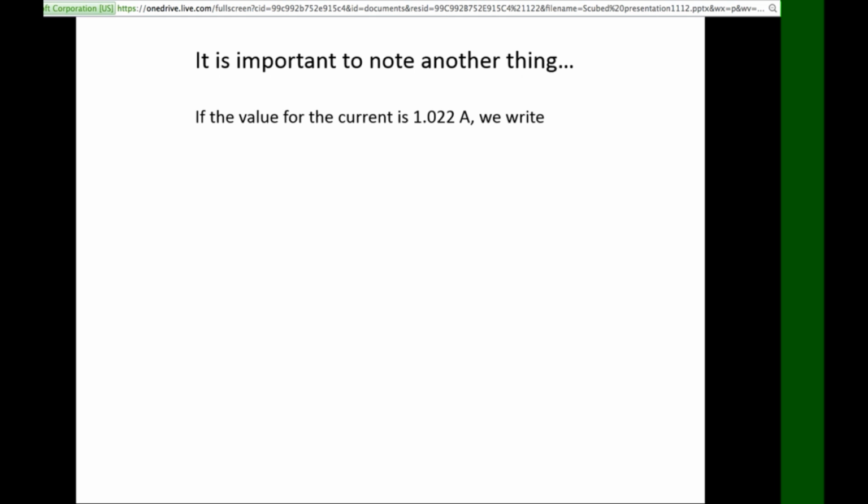Another important thing to note is that, for instance, if the value of the current is 1.022 amps, we write it like this. Remember, this is half the uncertainty error. It means that the uncertainty error of 0.002 is divided, half of it before the 1.022 and half of it after the 1.022.